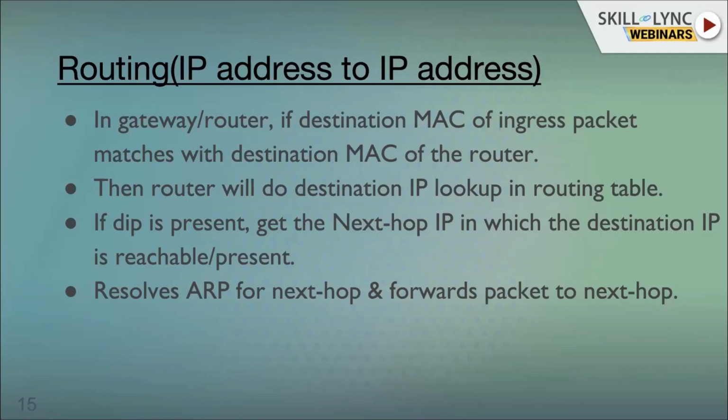And remember one more point. Whenever we send any packet, let's say host 1 is sending to Google. While traversing all the network devices, the destination IP will be a constant. That will be the Google IP address.